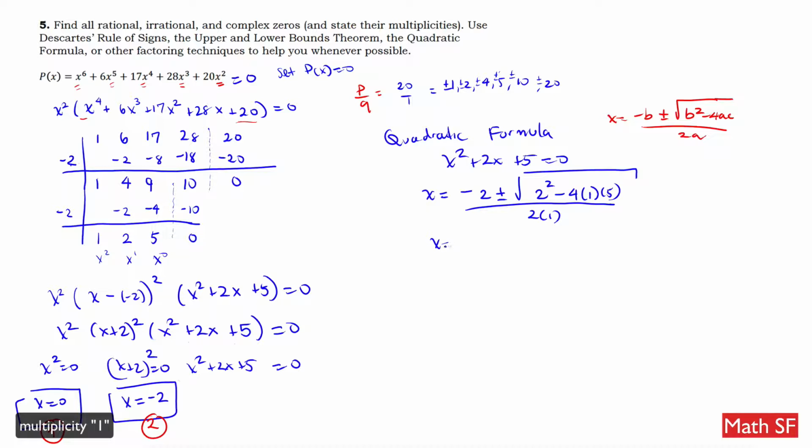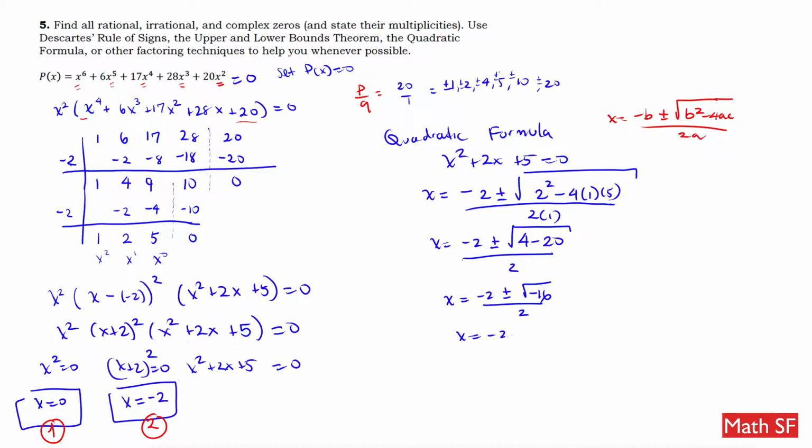Let's do the math here. Negative 2 plus or minus the square root of 4 minus 20, over 2. x equals negative 2 plus or minus the square root of negative 16, over 2. The square root of 16 is 4, and the negative, because it's inside, is going to be an i, over 2.